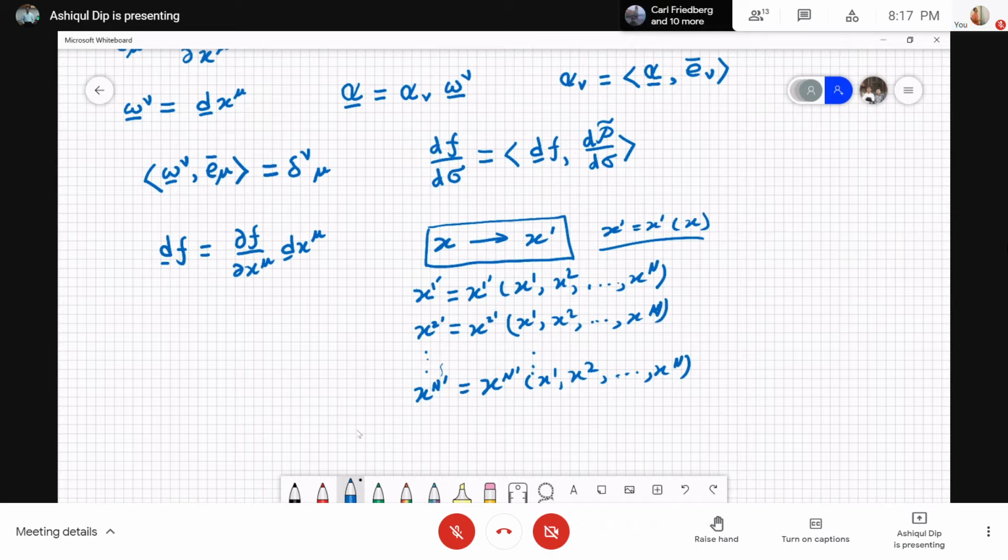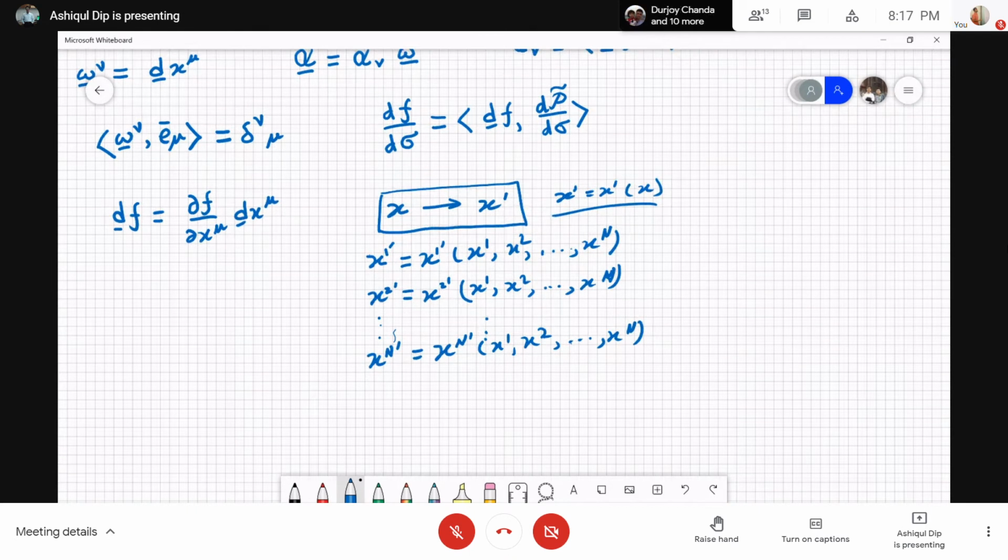Another notation is like this: x, say mu prime, is a function of x nu, where mu prime and nu run from 1 up to the dimension.